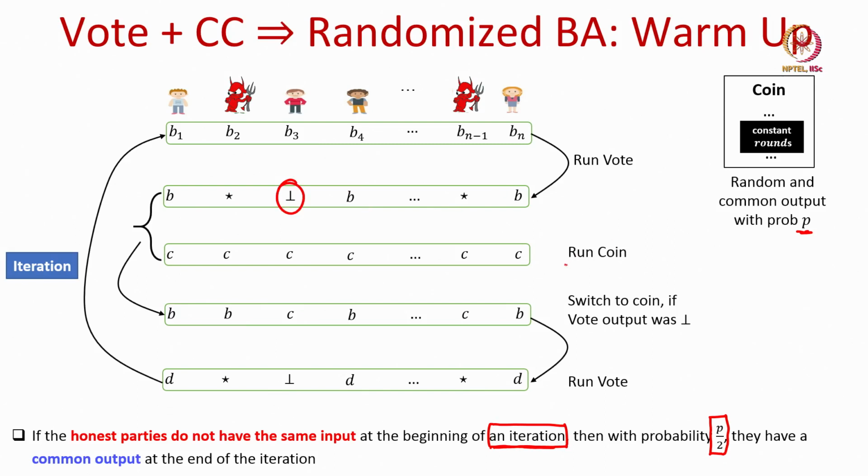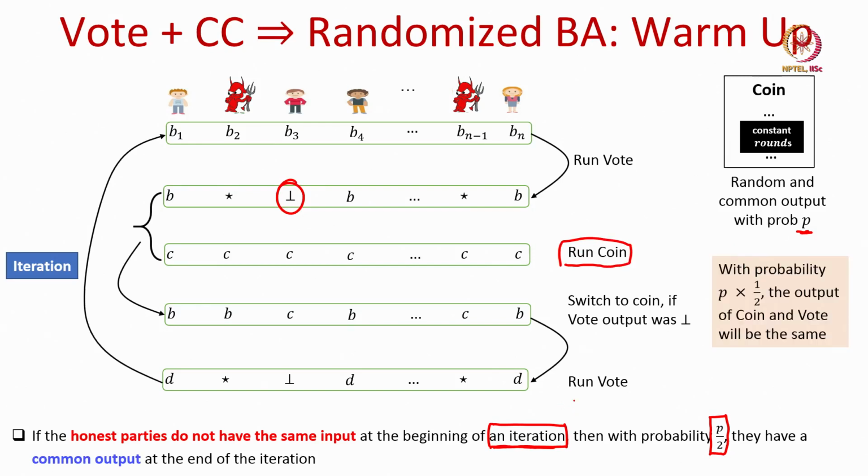Now, they run the coin primitive, and with probability p, the output is a random bit and common for everyone. And now, every honest party who has obtained the value ⊥ during the first invocation of the vote protocol will take the output of the coin, will switch to their respective local coins, whatever they have obtained from the coin primitive.